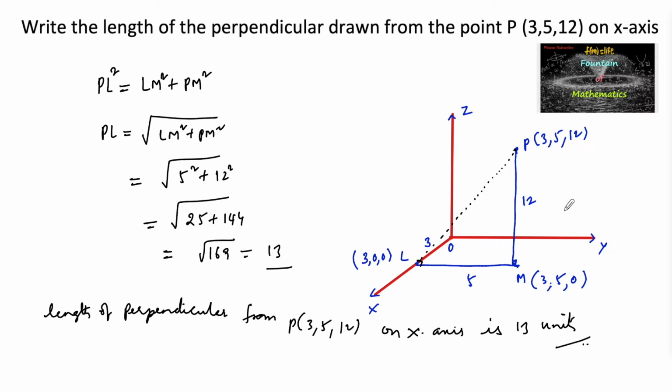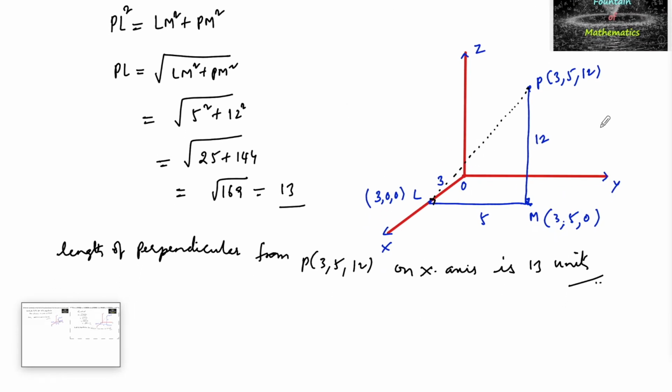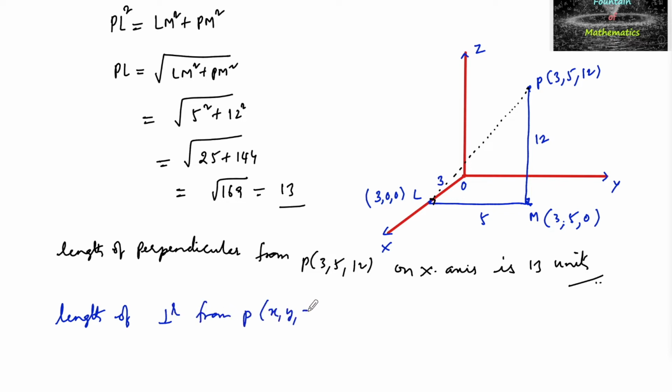Or in general, we can also write, length of perpendicular from point x comma y comma z on x-axis is given by root over y square plus z square. So we can say simply root over 5 square plus 12 square, that is 13 units. Okay.